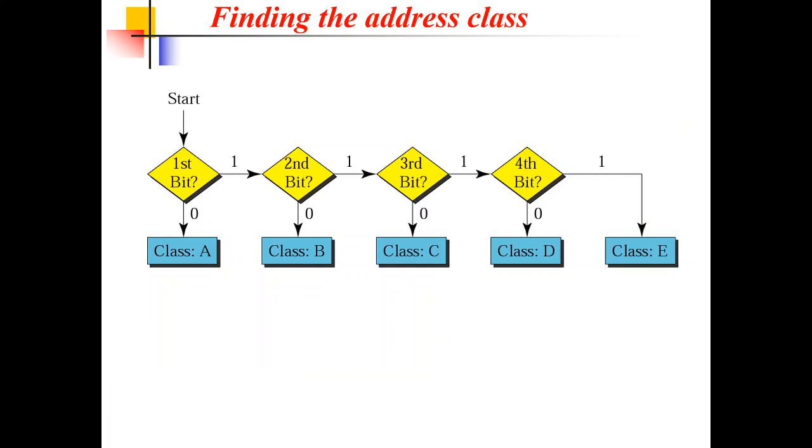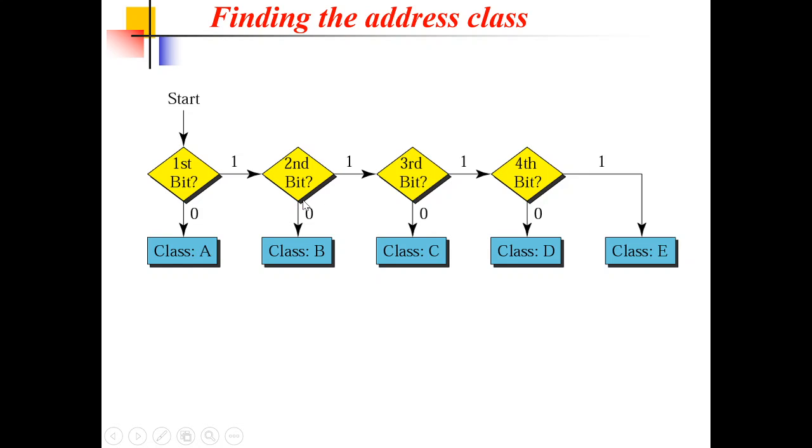Now how to find the address class? You will observe the first bit of the first byte. If it is 0, then the address belongs to class A. If that bit is not 0, it means it is 1, so you will observe the second bit.